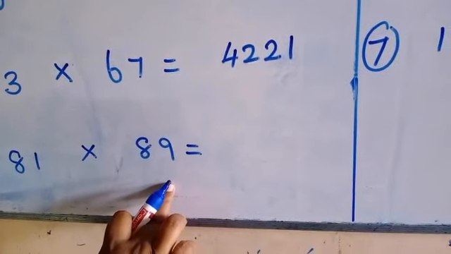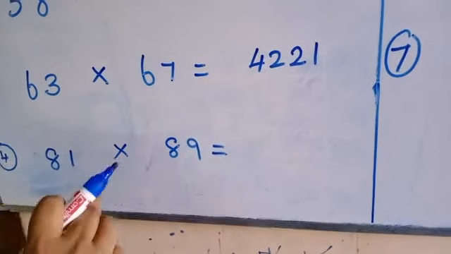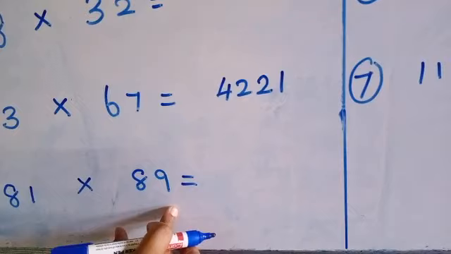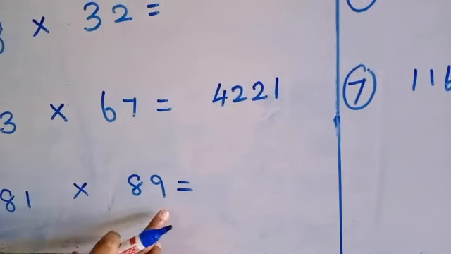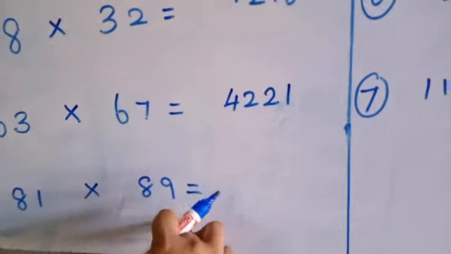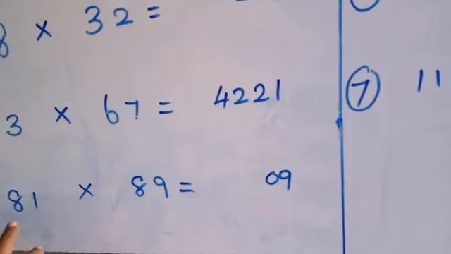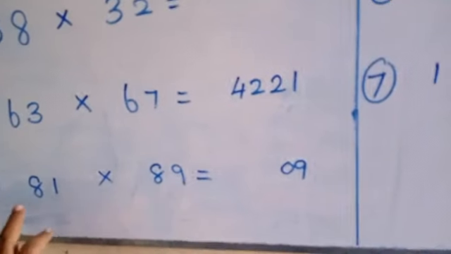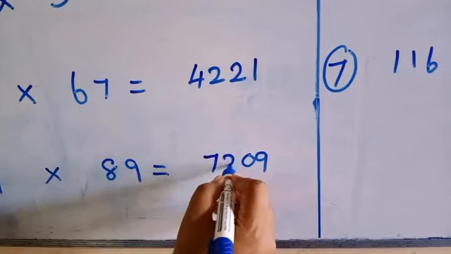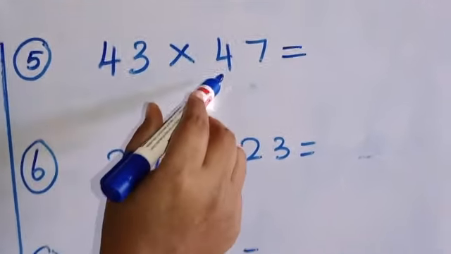Because whenever we multiply the last digits, you must write a two-digit number. 9 is a single digit, so you need to write 09. Next, 8 after 9: 8 nines are 72.